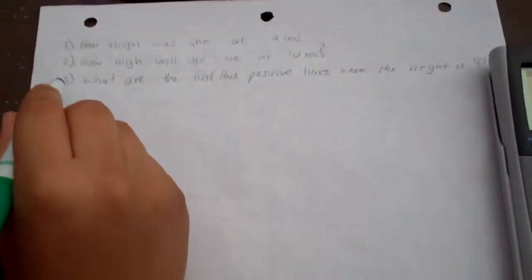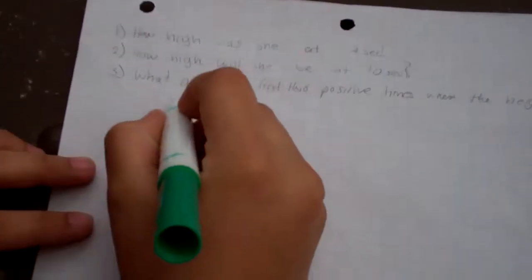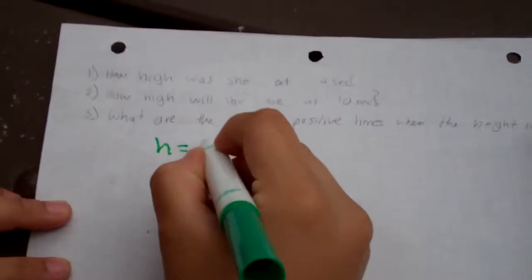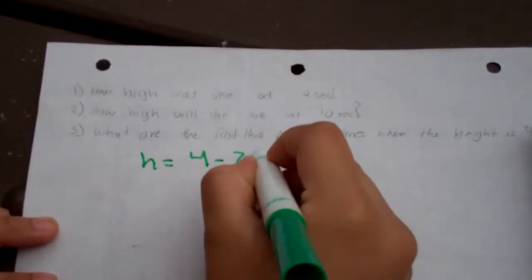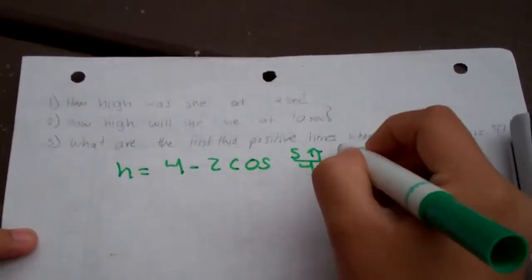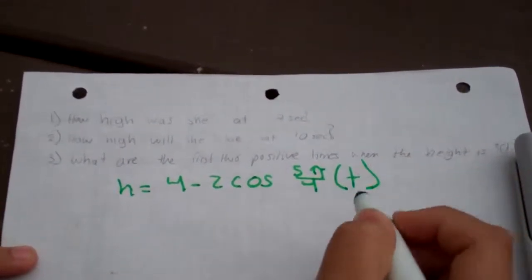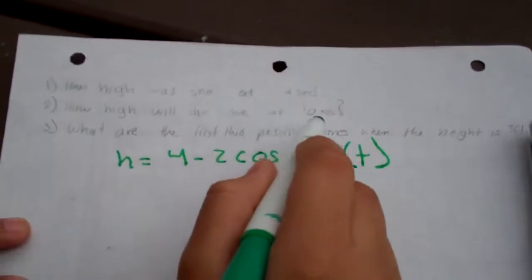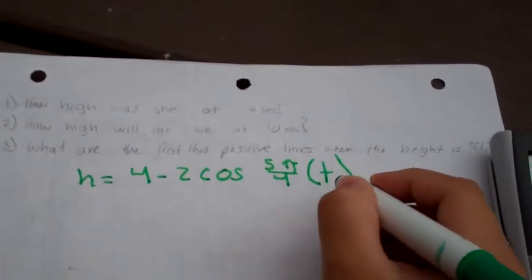So our second question was, how high will she be at 10 seconds? You start out with the equation, h equals 4 minus 2 cosine 5 pi over 4 and in parentheses t. At 10 seconds, that's t, so we're going to plug in 10 for t.